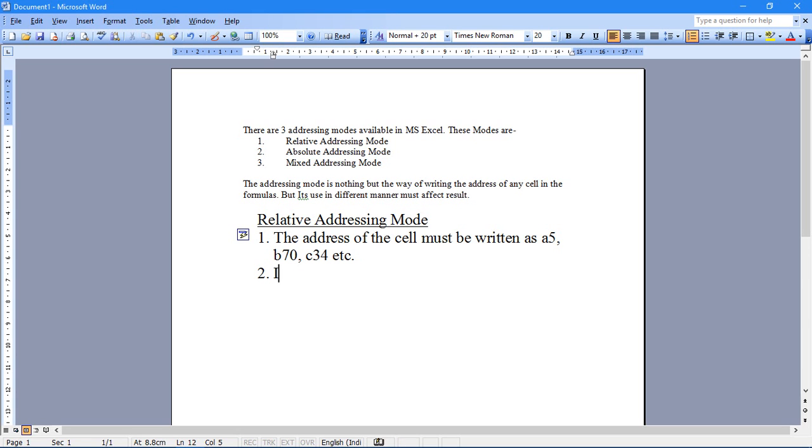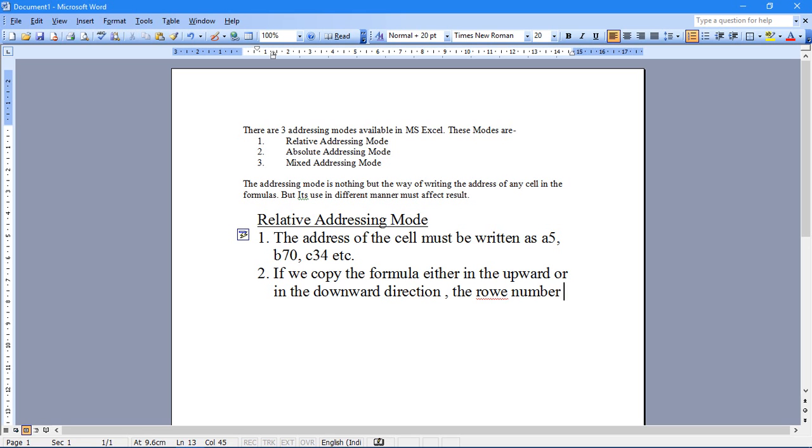Now, if we copy the formula either in the upward or in the downward direction, the row number used in the cell address will change.